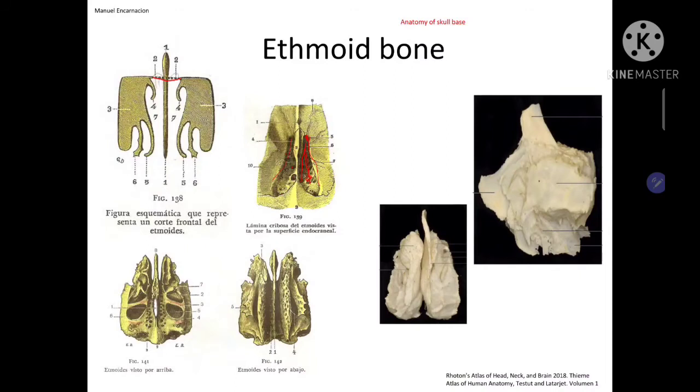As I mentioned before, we're going to find it laterally here, at the lateral edge of the horizontal plate of the lamina cribrosa. In the labyrinth we're going to find six walls: anterior, posterior, superior, inferior, lateral and medial.